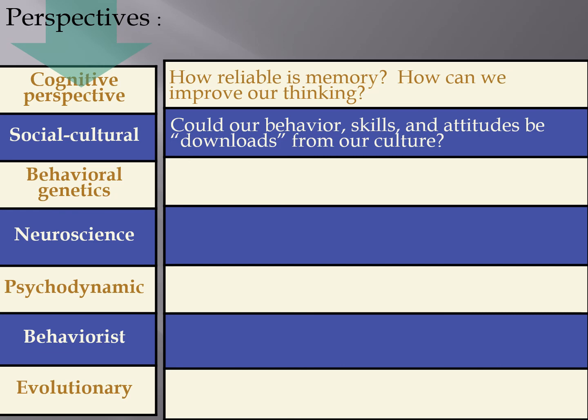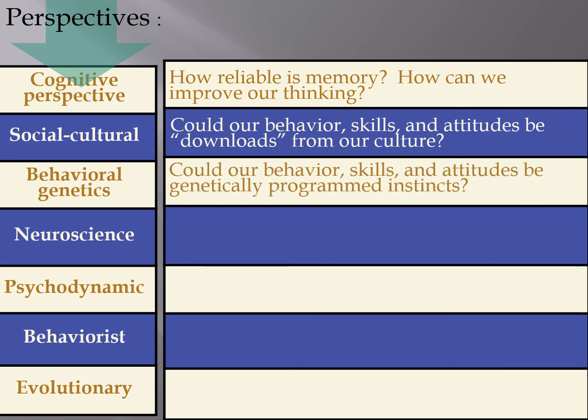Behavioral genetics is next. Of course, what is your instinct? What is your fallback based off of genetics? Neuroscience is the most up and coming and the one that has the most study behind it now because it's actually the easiest to study. And so we'll discuss neuroscience quite often.